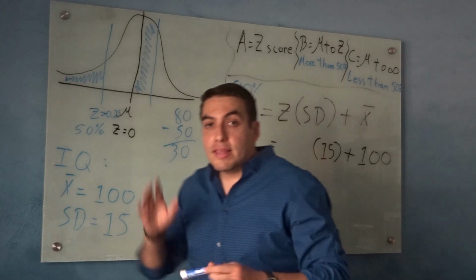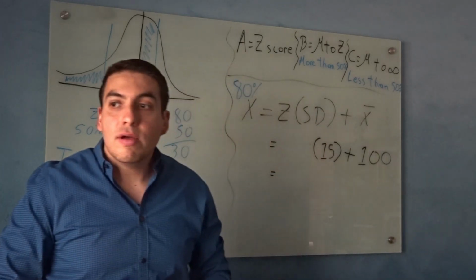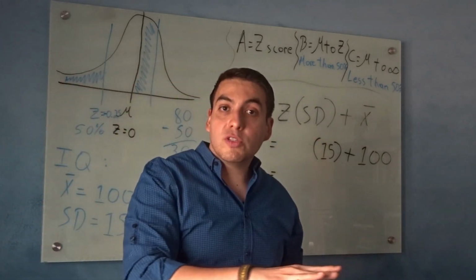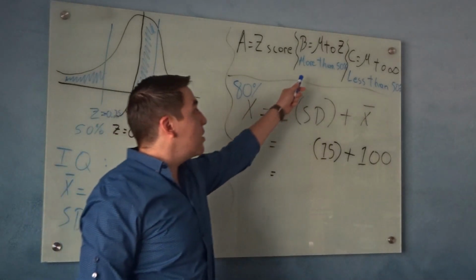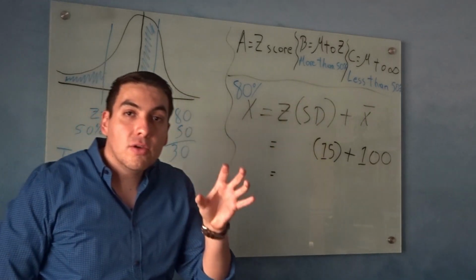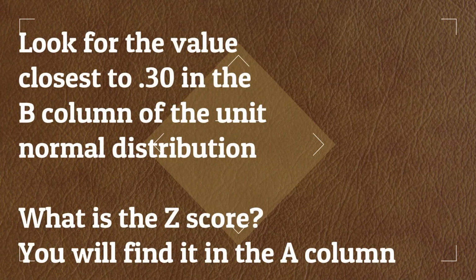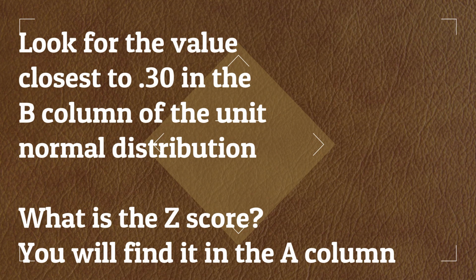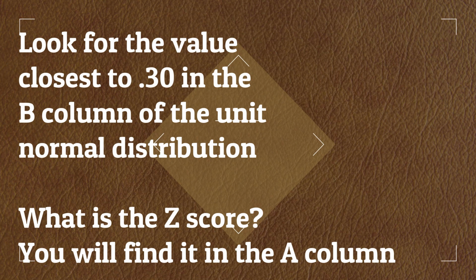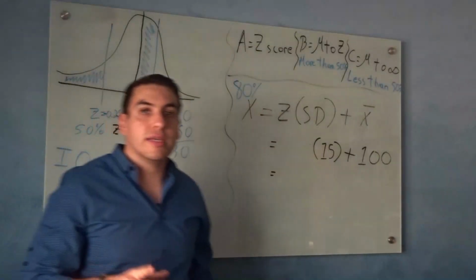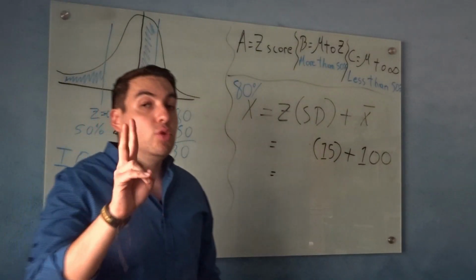So, at this point, stop the video right now and go into the unit normal table, and in the B column, look for the value that is closest to 0.30. Alright, go. Notice here, because this one is going to be tricky. You have two options technically.